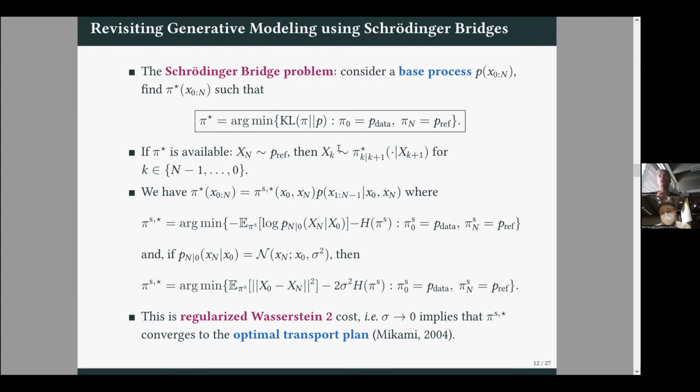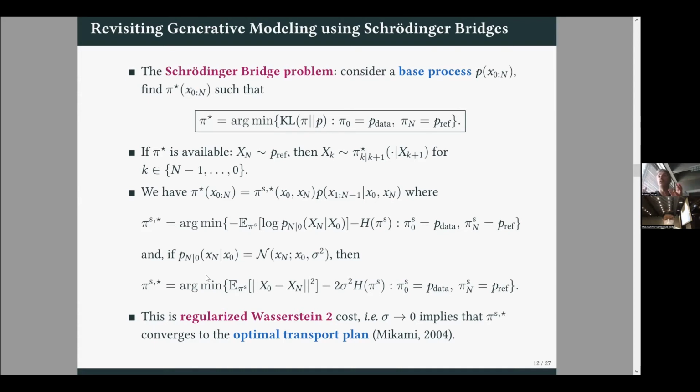That's the Schrodinger bridge problem. The question is, first, is it related to something we know? Is there a way to compute it, or at least approximate the solution of the Schrodinger bridge problem? I'm not going to elaborate too much on the connection with optimal transport, but it's important to realize that solving this kind of problem is equivalent to solving an entropy regularized version of optimal transport between the distribution p data, the distribution of the data, and a Gaussian distribution.